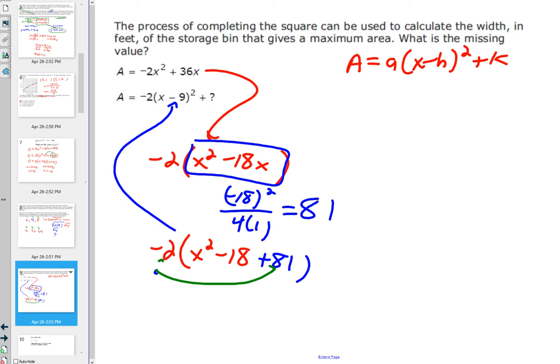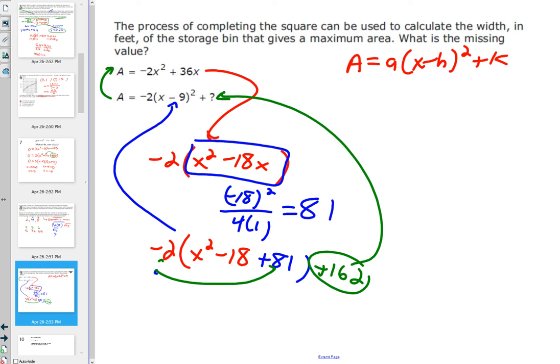Well, how do I balance that? How can I keep this equivalent with that? Because I'm putting in an extra negative 162 that wasn't there before. You would have to add 162 on the outside. And that's why 162 on the outside ends up being, I think that's more confusing for you guys to understand. And if you simplify this, you get what we started with.